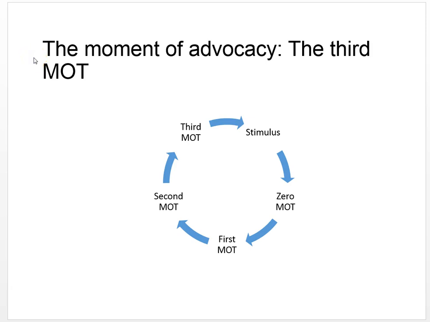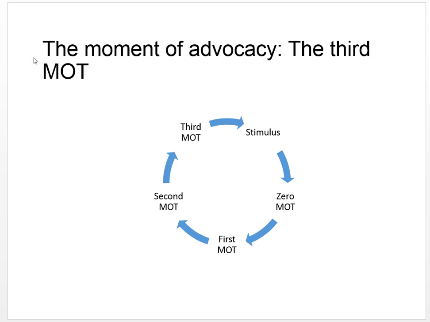So the moment of advocacy, the third moment of truth. Essentially, the zero moment of truth draws from the notion of the first moment of truth, the moment a consumer chooses a product from the store shelf, and the second moment of truth, the moment the consumer uses the product and feels satisfied or dissatisfied.